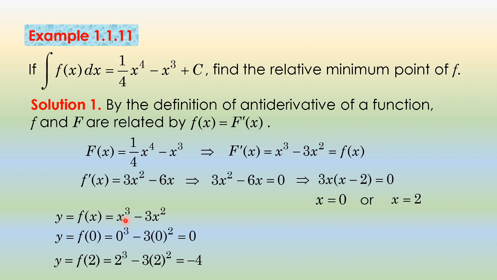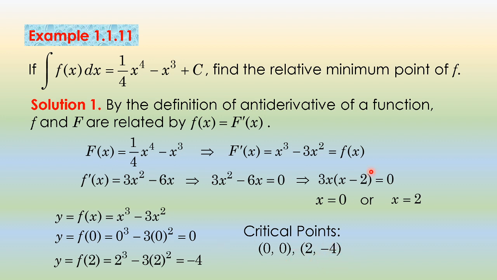So 2 cubed minus 3 times 2 squared. So this is 8 minus 3 times 4. This is 12. So 8 minus 12 equals negative 4. Hence, we have 2, negative 4 as a point. Therefore, the critical points are 0, 0 and 2, negative 4.